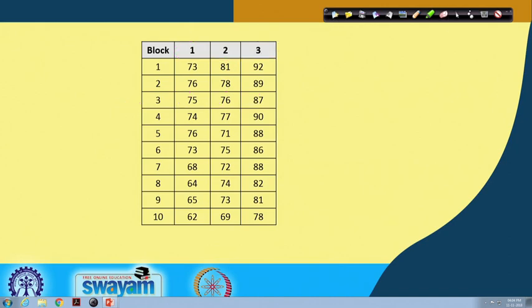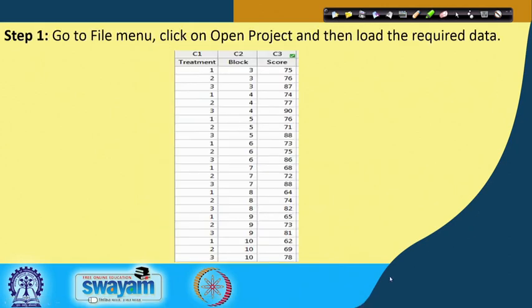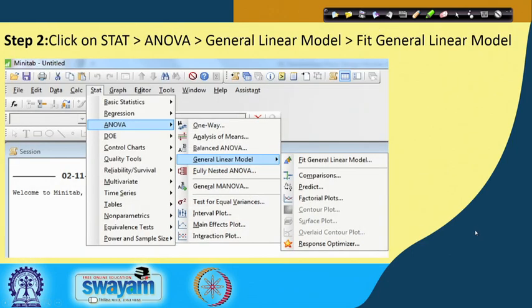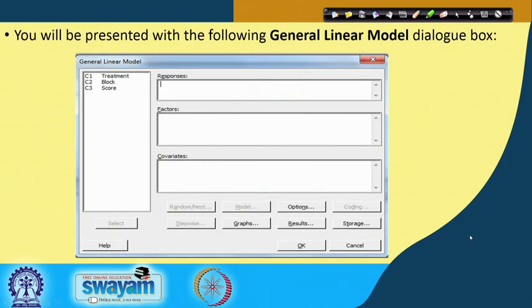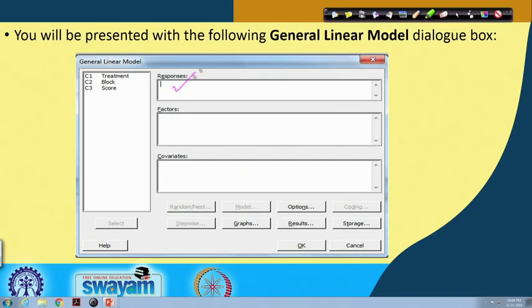Once I have put my data into this sheet, I will go to step 2: click on Stat, then go to ANOVA, then General Linear Model, then Fit General Linear Model. You will have this window, and in this window you have to define the response and the factor, and you have covariates, or simply you focus on these two.